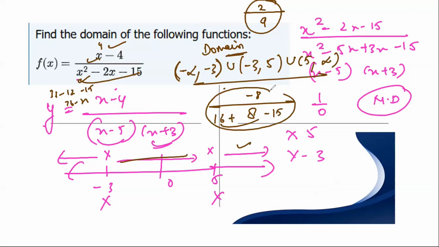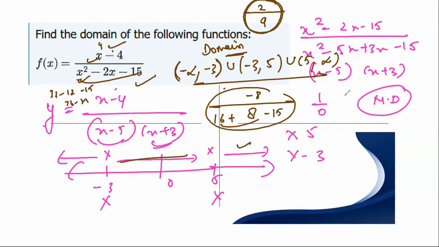When you are putting a negative value, you are getting a negative value. After that, you are getting 0 also by putting 4. After that, if you are putting 6, you are getting 2 over 9. If you put a bigger value, let's say 27, then also your denominator is bigger than the numerator every time.